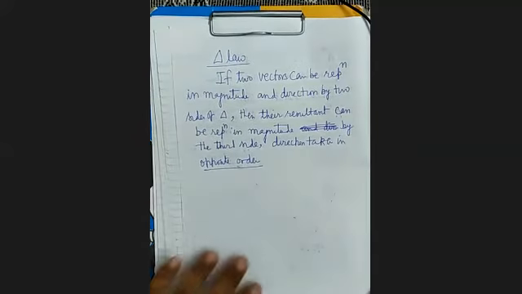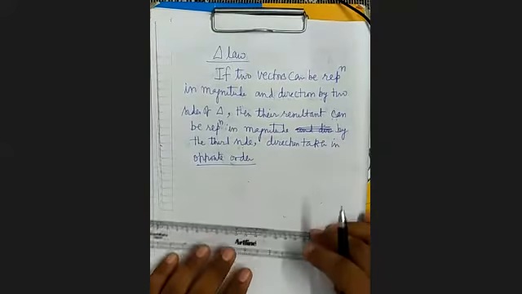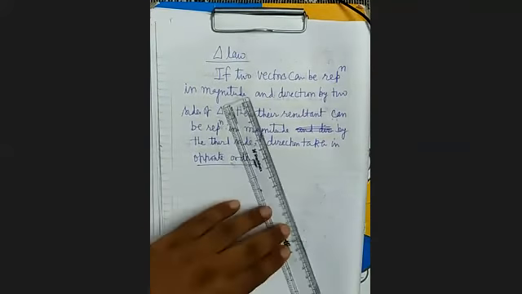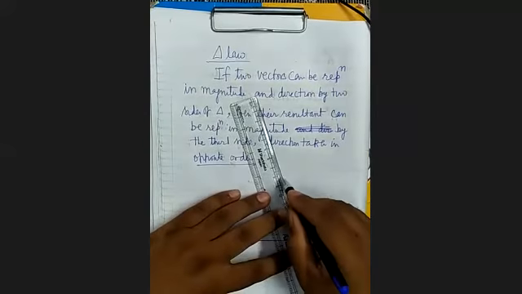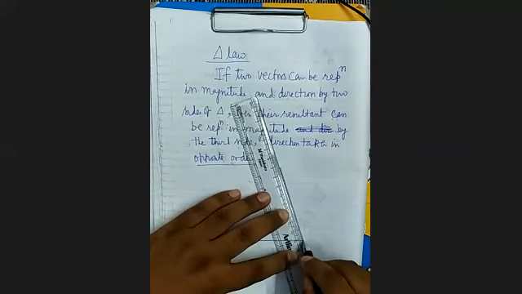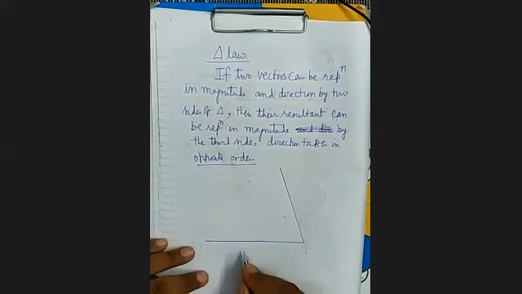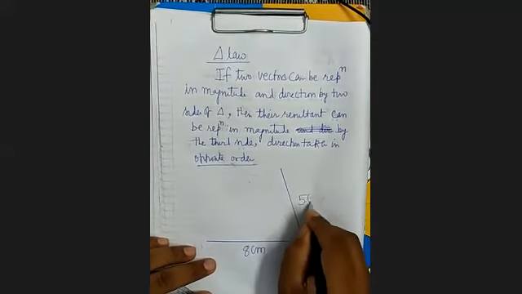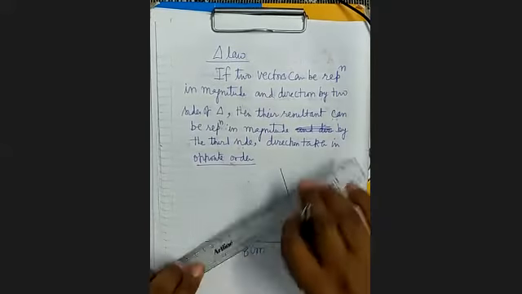Now see here, you understand its meaning. Suppose this is a triangle XYZ. This is 8 centimeter. This is 5 centimeter.